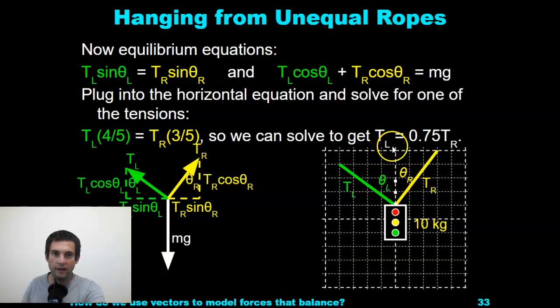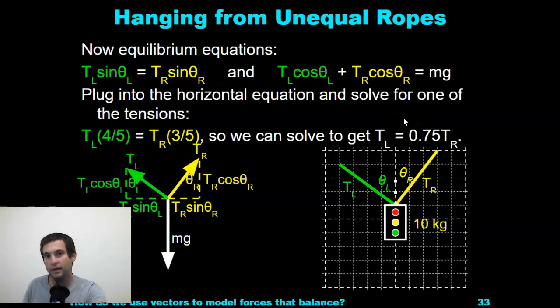And the tension on the left equals 3/4 of the tension on the right, which is not useful in the least. I mean, just as an answer. So we still have two things here. We're just defining TL in terms of TR, but that doesn't really tell me numerically what exactly TL is.